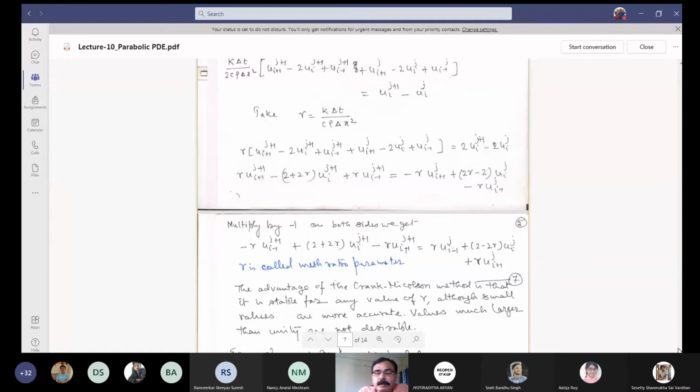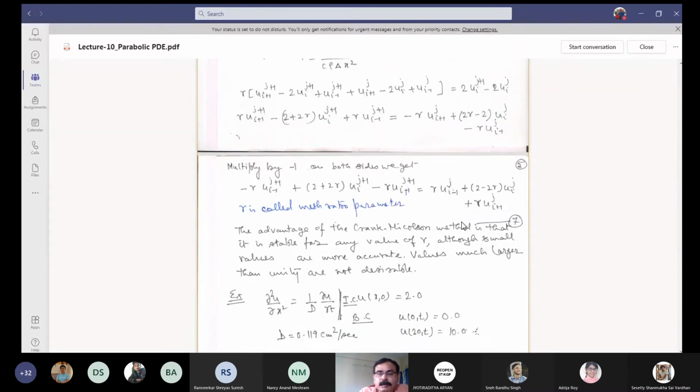Another thing is that this method is stable for any value of r. Still, small values of r are more accurate. The convergence part is true once r is strictly less than 1 by 2.